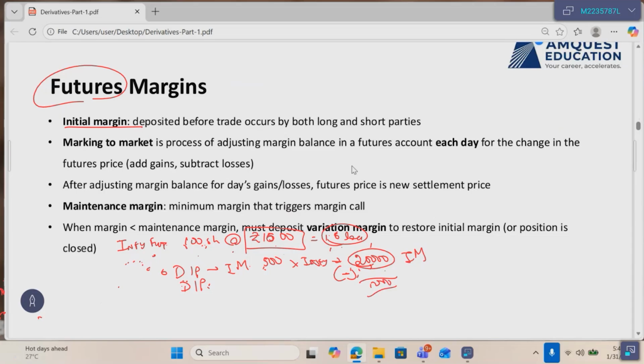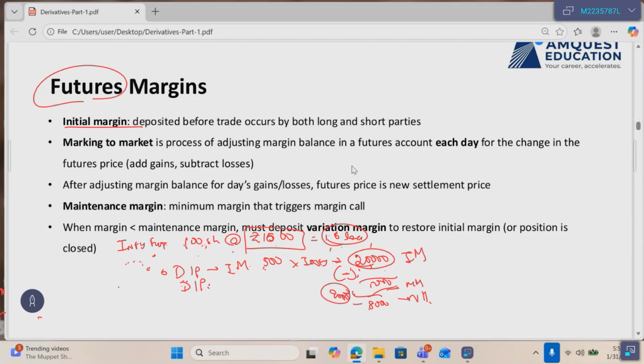Then if the margin falls, let's say the margin became 8,000 because you booked losses, they'll say, boss, I want you to give me more margin, and that is called variation margin. It means I'm varying my margin amount to a higher amount. But you will do this only when the margin falls below the minimum maintenance. That means you were supposed to maintain 9,000, and you didn't maintain it.